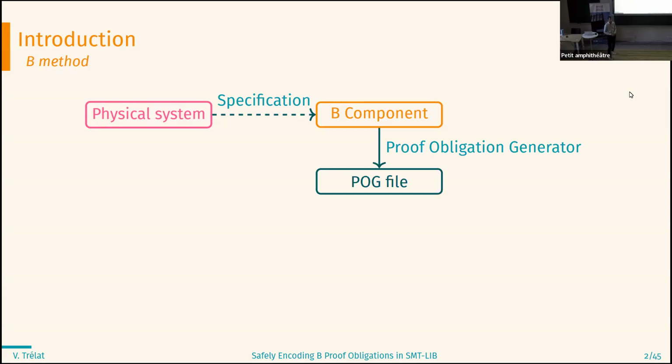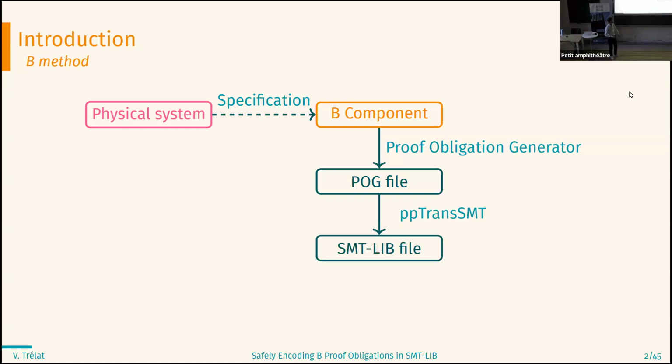Now as a user, we have several choices. We can either discharge the proof obligations by hand using some tactics in Atelier B or Rodin, just as we would on paper. We can also call internal solvers, such as the predicate prover from Atelier B, which is the historical one. Or if none of those methods work, we can also call external solvers, such as SMT solvers. But in order to do that, we first need to translate a POG file into an SMT-LIB file.